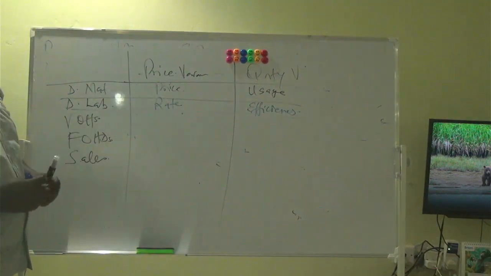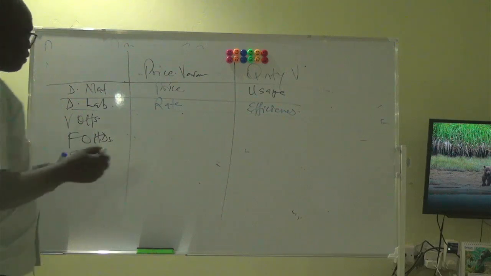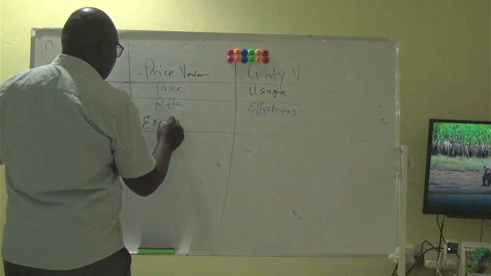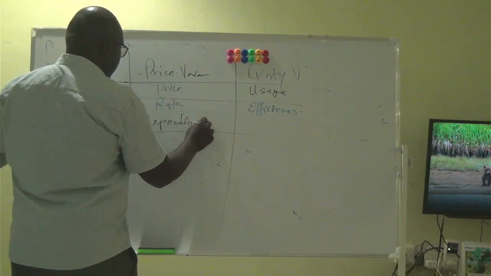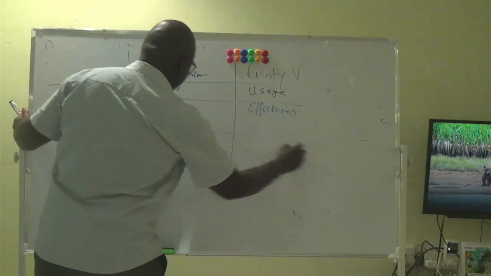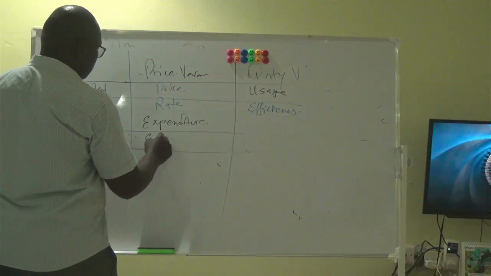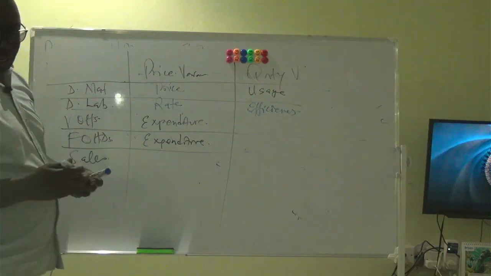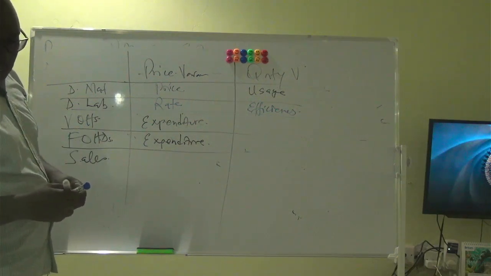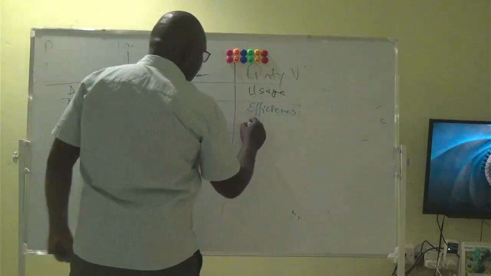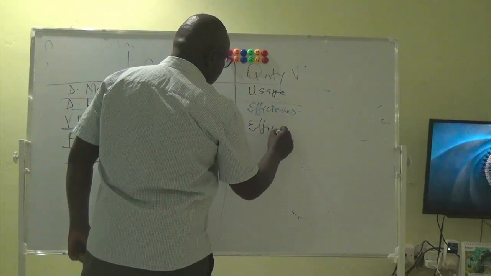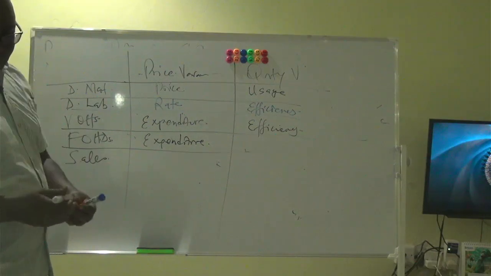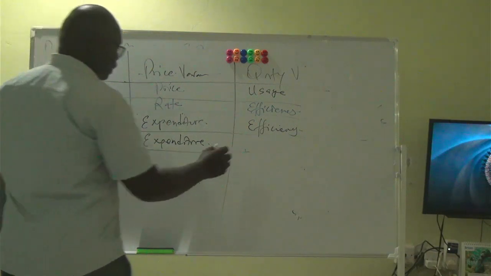Then on the variable overheads, in terms of the price, we will be looking at the expenditure. Again, the same thing for the fixed overheads, we will again be looking at expenditure. And then in terms of quantity, we will be looking at efficiency. And then in terms of the quantity for the fixed overhead, we will be looking at the volume.